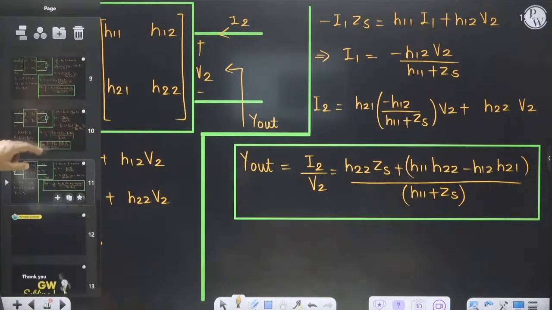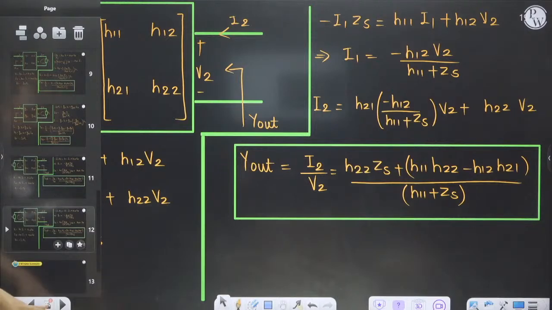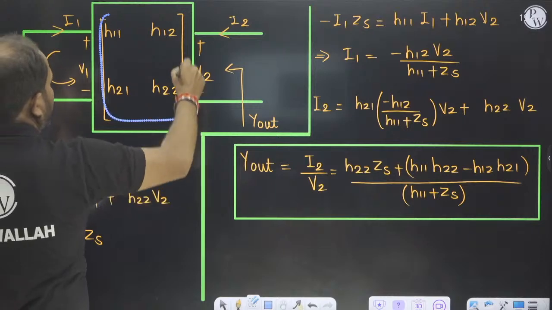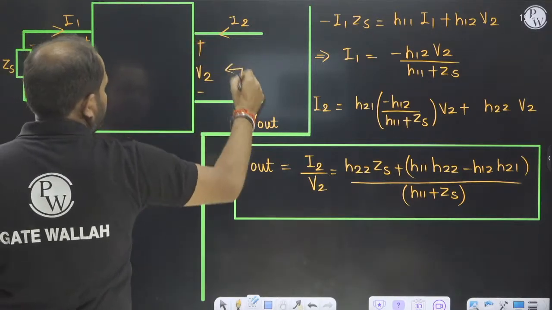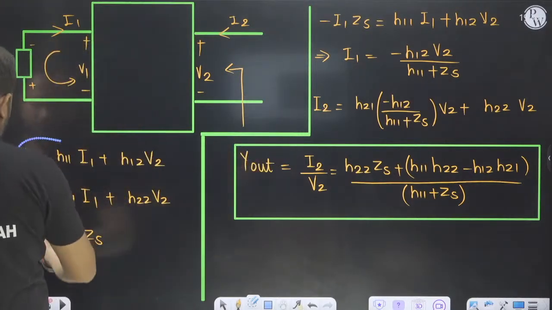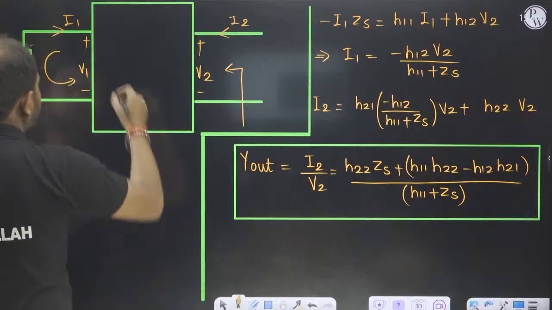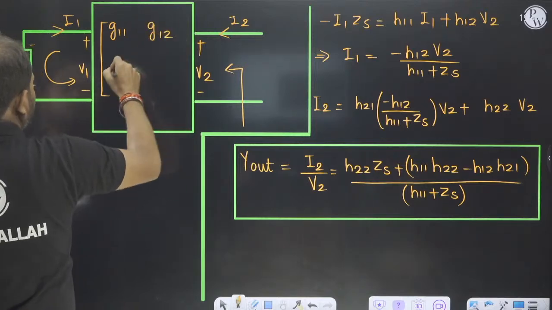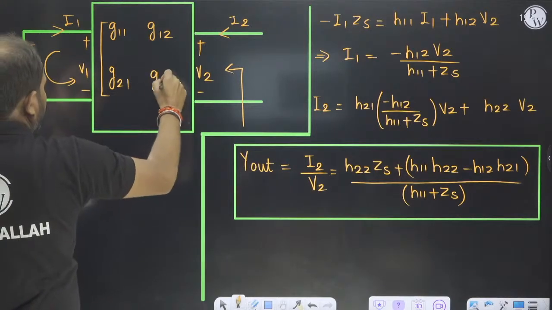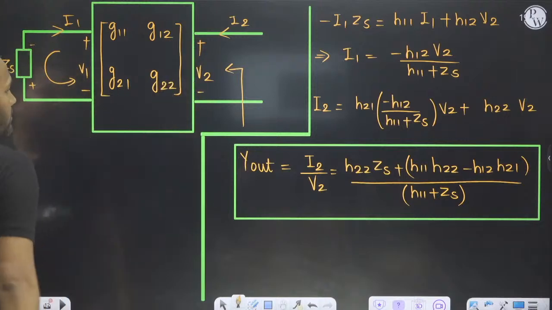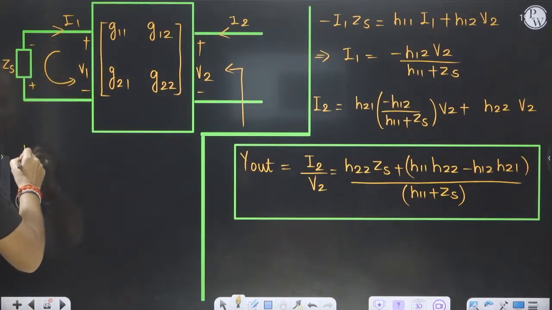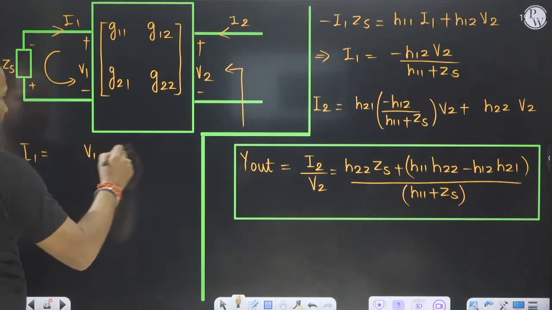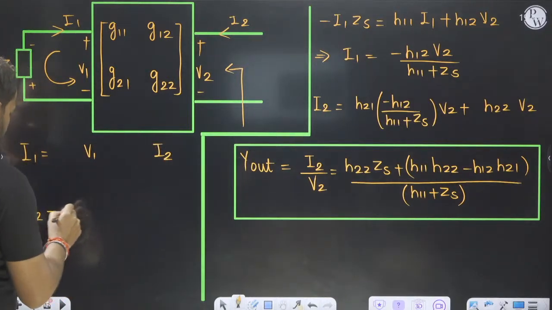We have G11, G12, G21 and G22. So first of all I will write I1 and V2 in terms of V1 and I2.